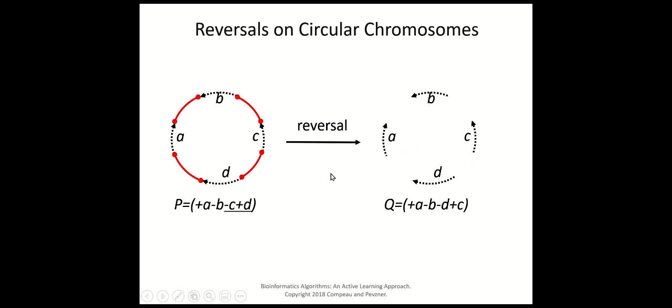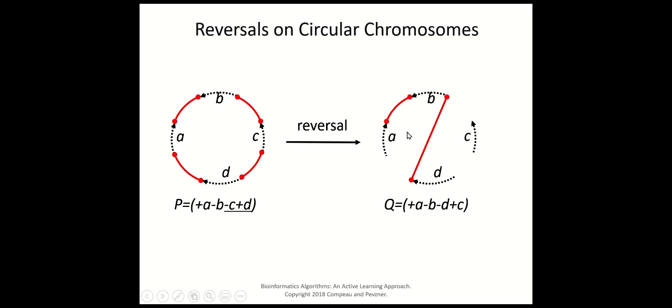Now, we are going to apply a reversal. We remember what a reversal is from the previous slide. I apply a reversal to plus C, minus C plus D, becoming minus D plus C, and I'm going to see how to do it now. A is connected to B, and it is not clockwise, it is anti-clockwise.